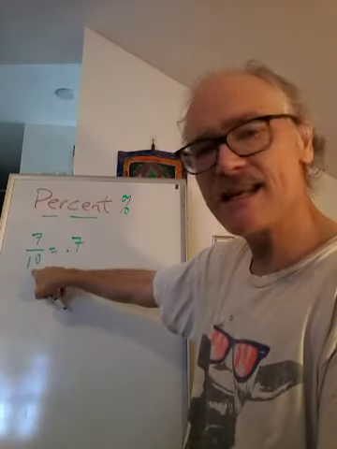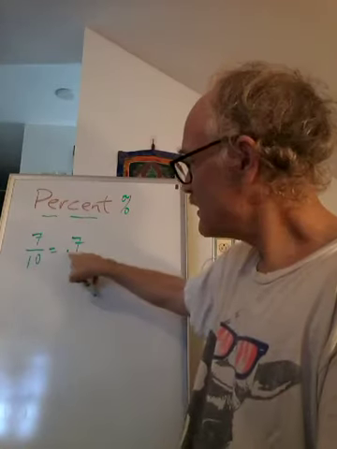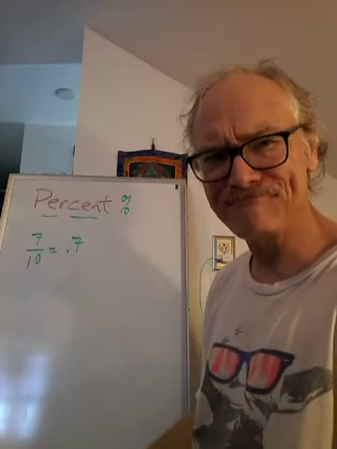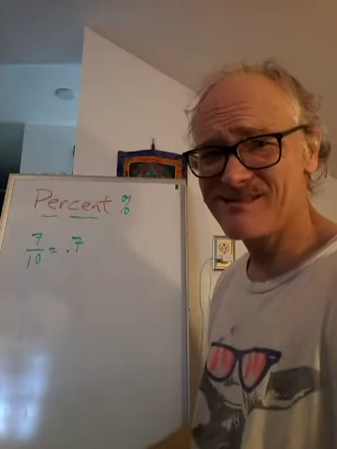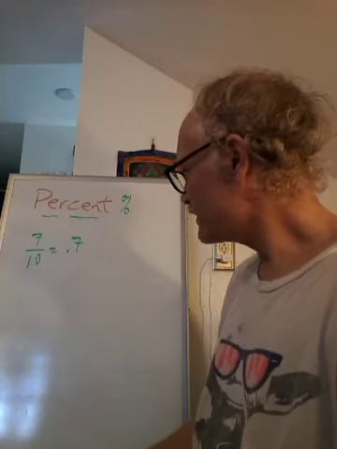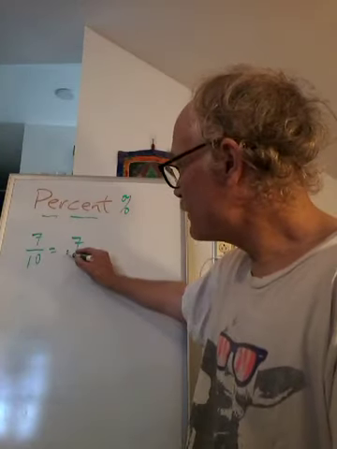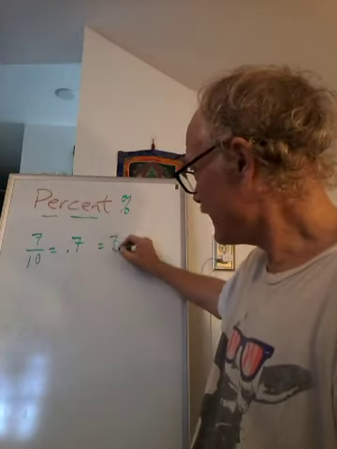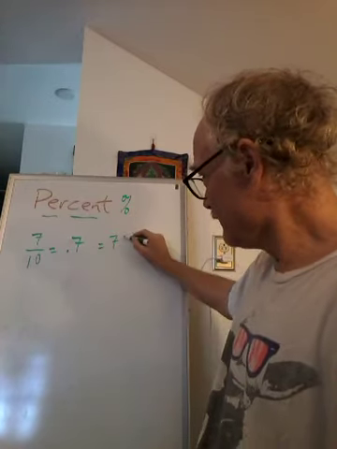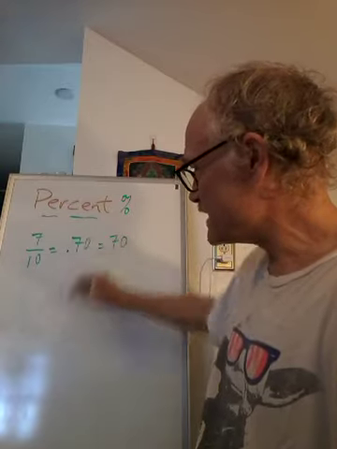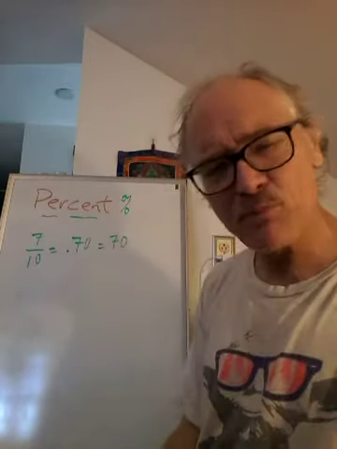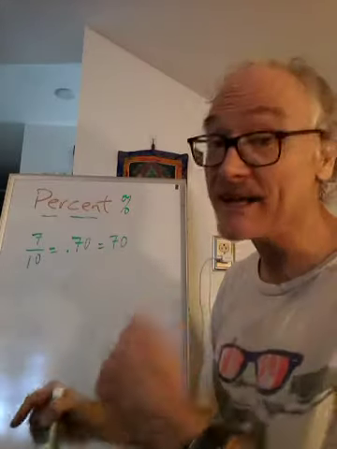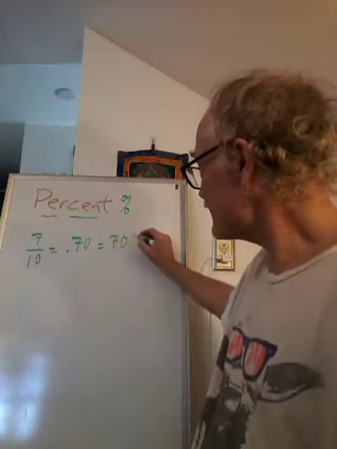Because look, a 10 denominator, I only have a 10th place, so that's 0.7. But I want it to be out of 100. So what do I do? Well, I'm going to move this over 2 spots. I'm going to have the 7, that's here, and then what's behind that? I could call that 0.70. Is 0.7 the same thing as 0.70? Yes. I can arbitrarily add zeros behind a number, and that gives me 70%.